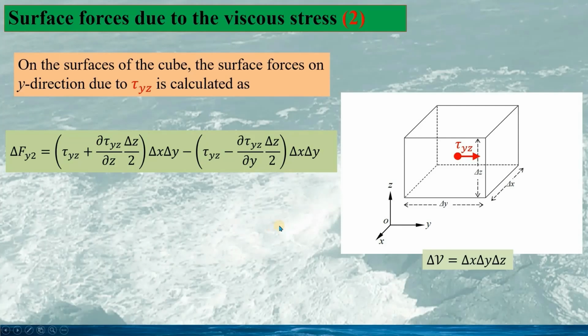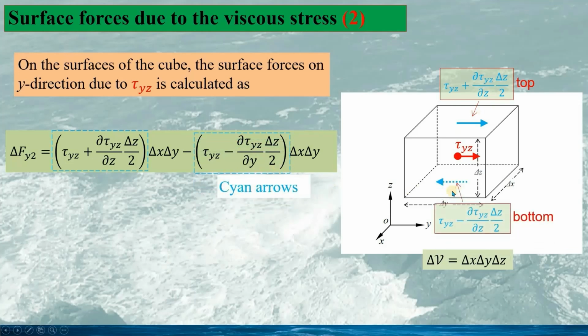And similarly, on the surfaces of the cube, now we calculate the surface force in the y direction due to tau yz, which is calculated as delta Fy2 given as this. So this is the stress tensor component on the top surface, and this would be the stress tensor component on the bottom surface.